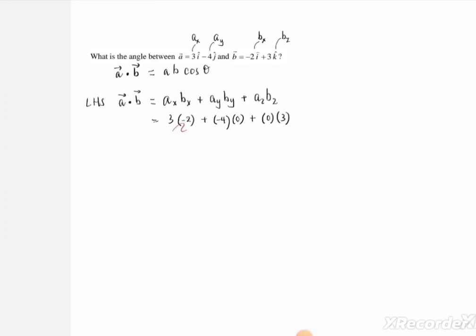So this is multiplying our x components, or the x terms, and then here are the j hat terms, and here are the k hat terms. So let's just write that as i hat terms.